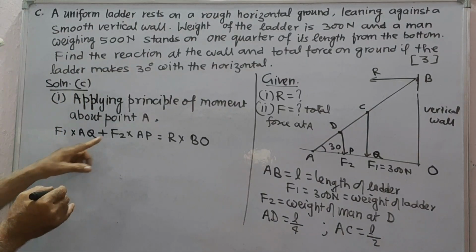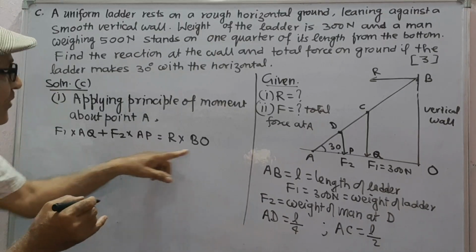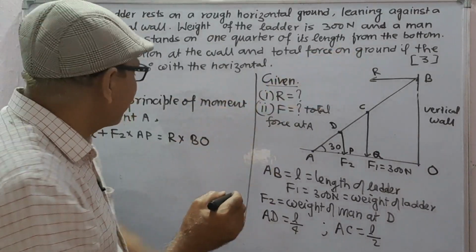Clockwise moment of F1 plus clockwise moment of F2 is equal to anti-clockwise moment of normal reaction R.